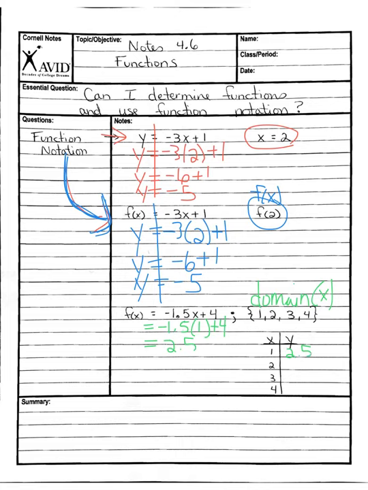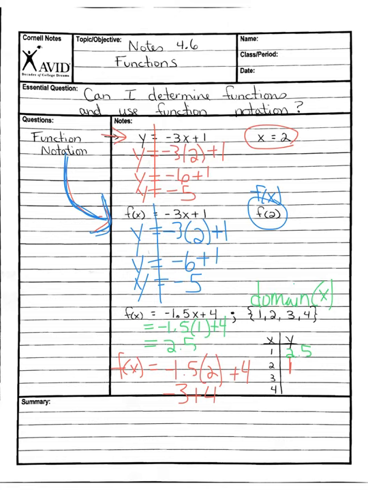Now we're going to continue, and plug in 2. So let's take our equation. We have our f of x, and instead of plugging in the 1, I'm plugging in the 2. Negative 1.5 times 2 would be a negative 3. Plus 4, you get a positive 1. So we're just substituting each time. That's all. It's just a different way of writing it.